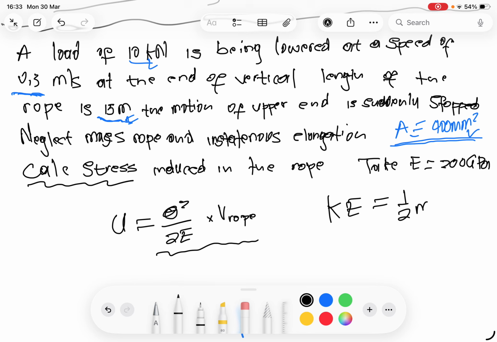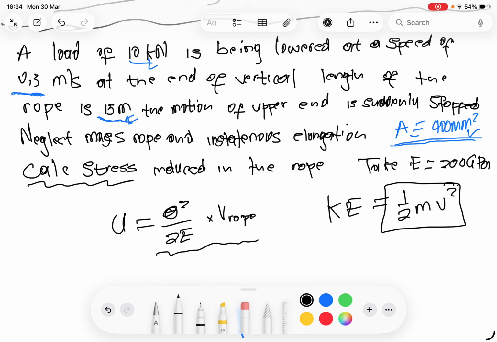The energy related to velocity is kinetic energy, so I can equate my strain energy with my kinetic energy.